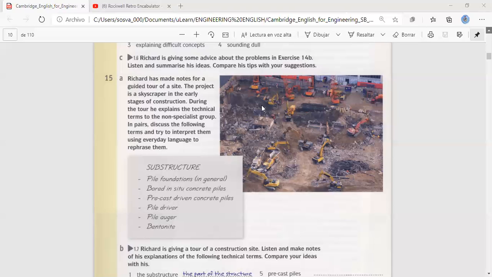I mean, technical and maybe illustrating things where he can help the participants.